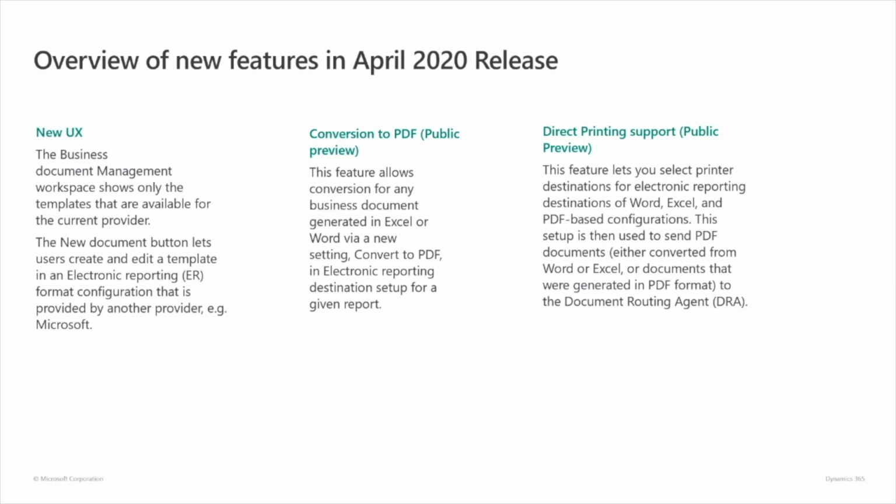The first feature we will show you is the new user interface. The idea is that in the business documents workspace you see only your documents. You don't see all the templates. It's similar to what Excel, for example, provides. Then you click a new document button and you see the list of available templates.